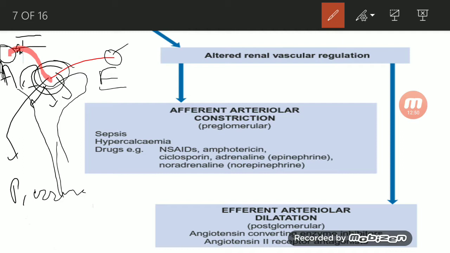So in case of altered renal vascular regulation under conditions of hypercalcemia, sepsis, or if you are taking certain drugs, it may cause afferent arteriolar constriction.